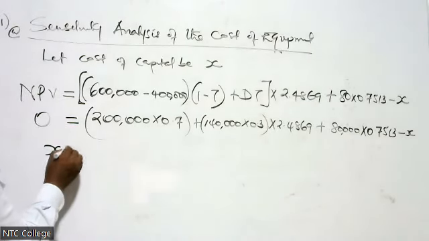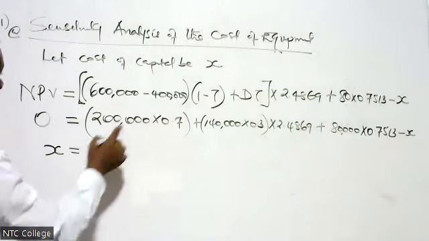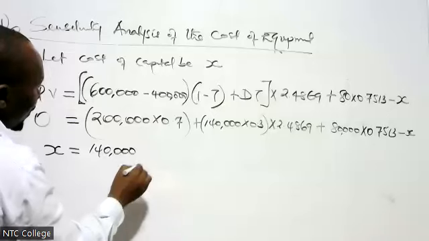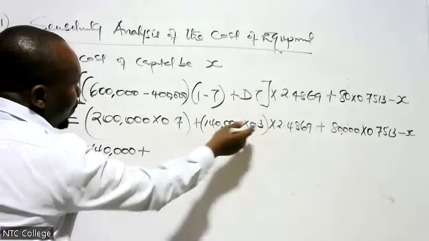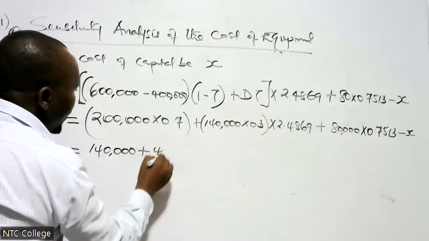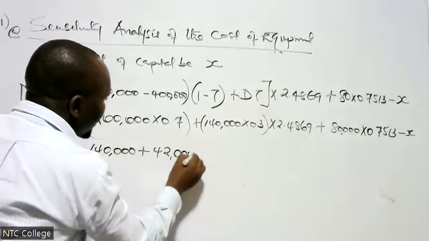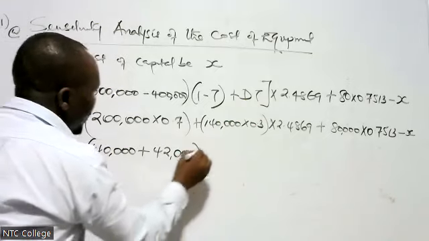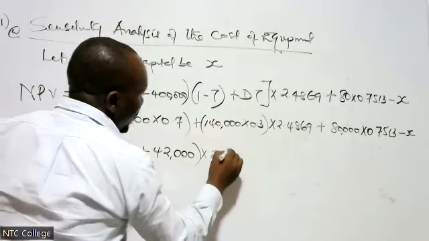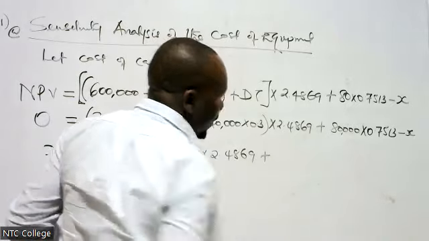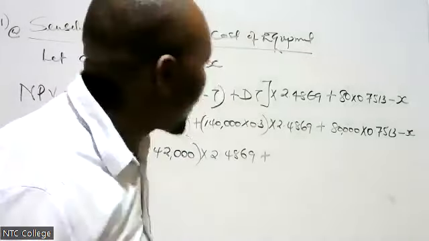So you can say that X is equal to whatever answer that you're going to get here, that is 140 plus this one times this for 20, or is it 42? 30% of that, 42,000 times 2.4869 plus, I don't know what is the figure here. This one.